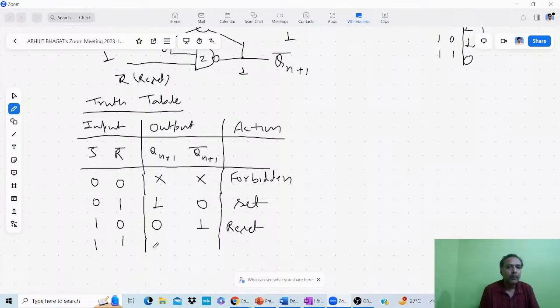Whatever the previous output Qn and Qn bar, you are getting the same output when you provide 1, 1 to S and R. Hope it is clear to all of you.